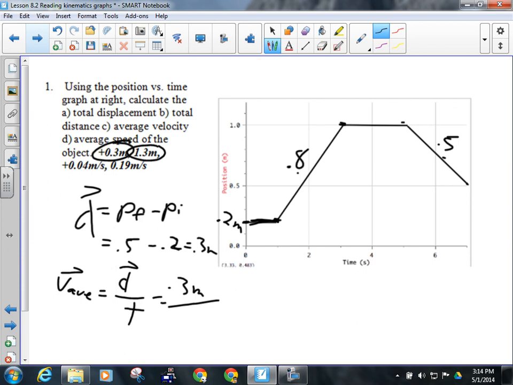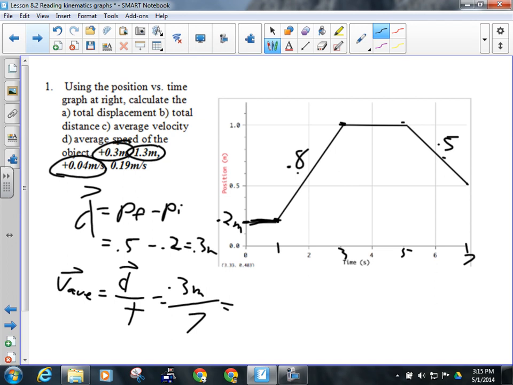No, I think each one of these is 1, so I think it's actually 7 seconds. Because here's 1, 3, yeah, 5, so that'll be 7 there. So the whole thing is over 7 seconds, right? So 0.3 over 7 should give us 0.04 meters per second. Any of these calculations really difficult? But you've got to be able to read the graph, right?